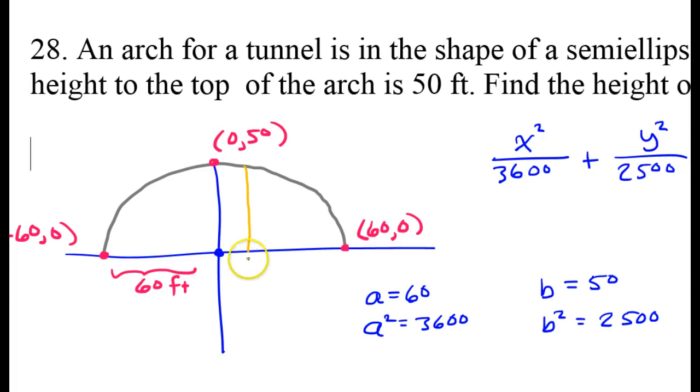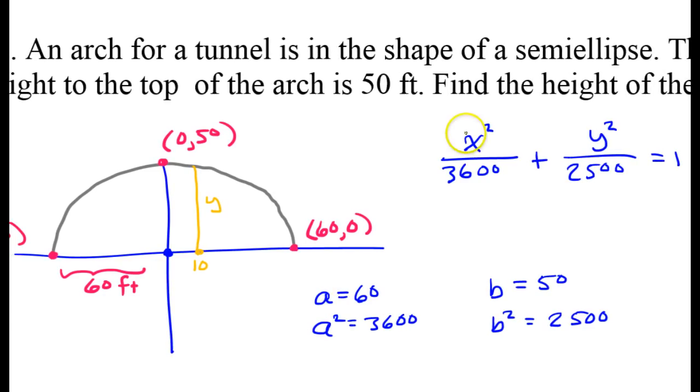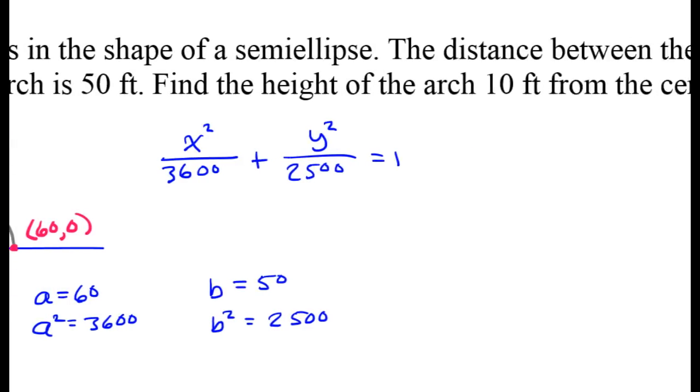If we're 10 feet from the center, then this is 10 right here. And what we're looking for is the y value. So the x value is 10, and we want to know what is the y value that goes with that. So all we have to do is let x equal 10 and see what happens.